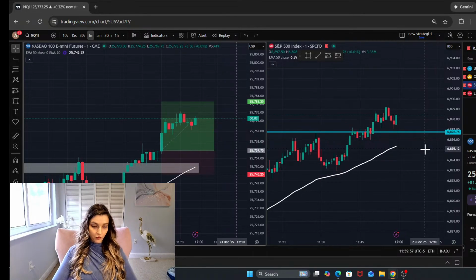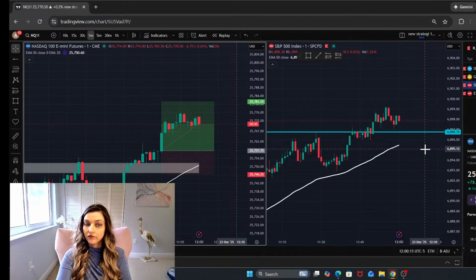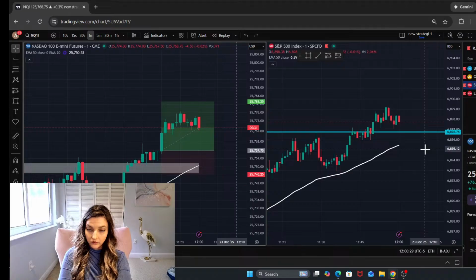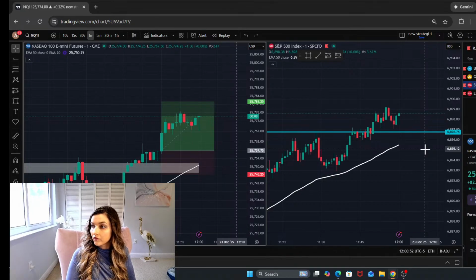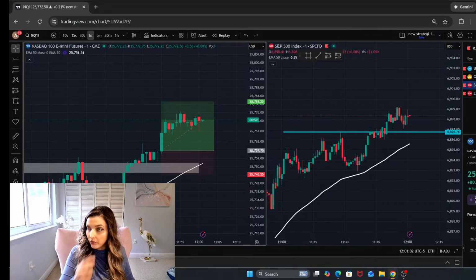Now 12 is coming. Let's see if we have a move at the European close. Still watching Dow US30 on my computer here, but nothing.